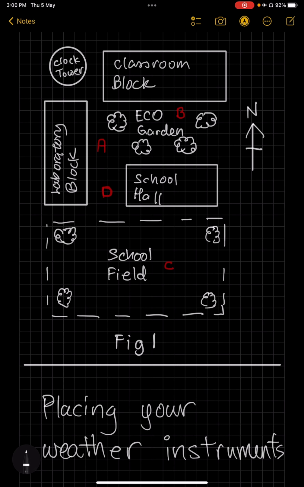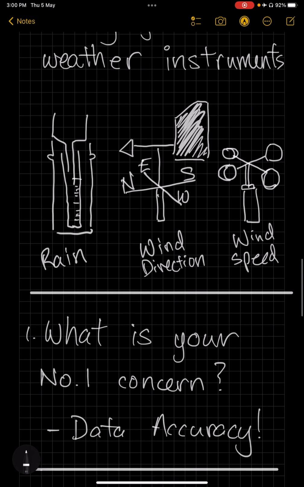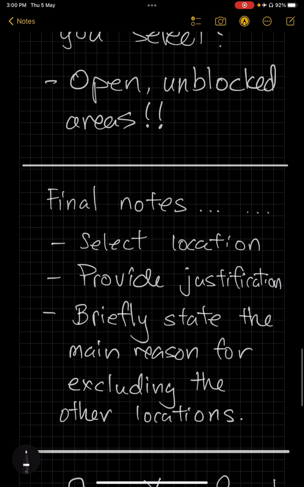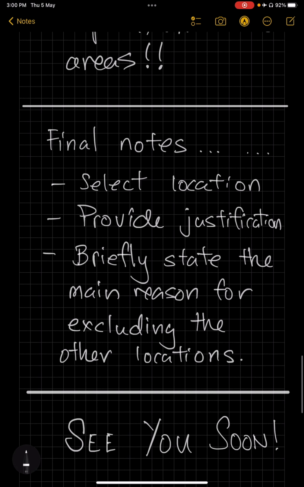But beyond that, C is actually the most ideal. So bear in mind, you're not given the perfect location, many times the locations that are given to you all have some problem. So you're just picking the one that is most ideal. Keyword most ideal. So don't worry too much if you cannot find one that is completely perfect.